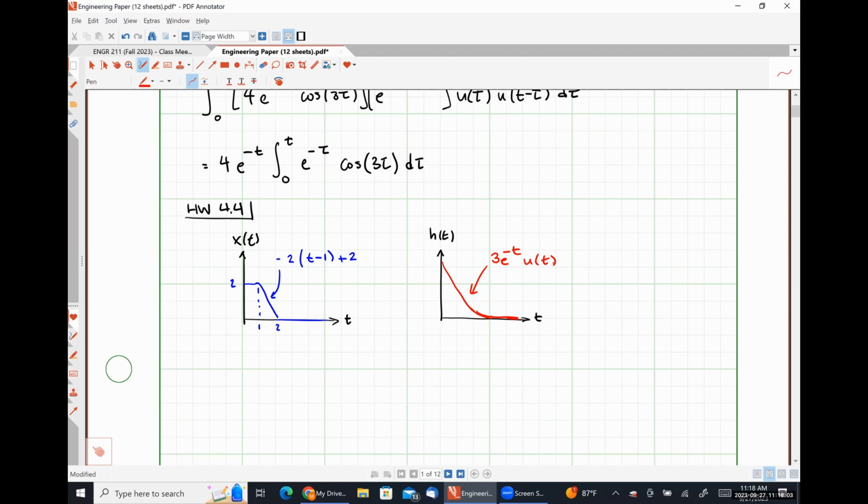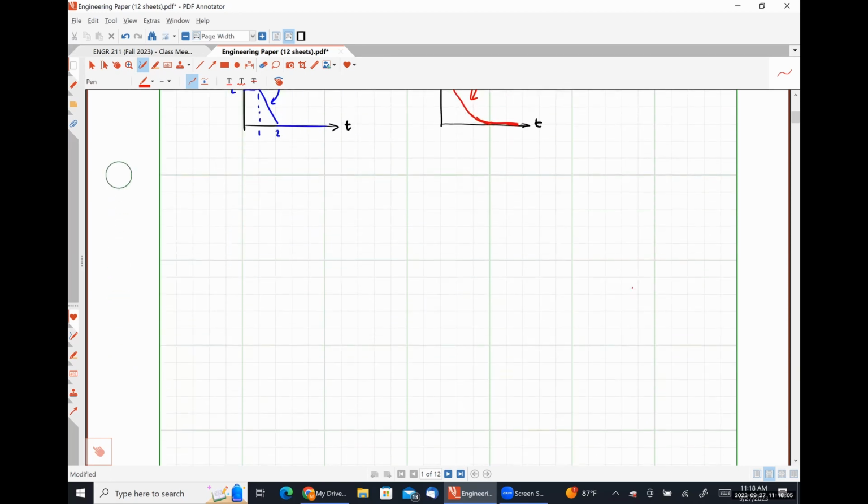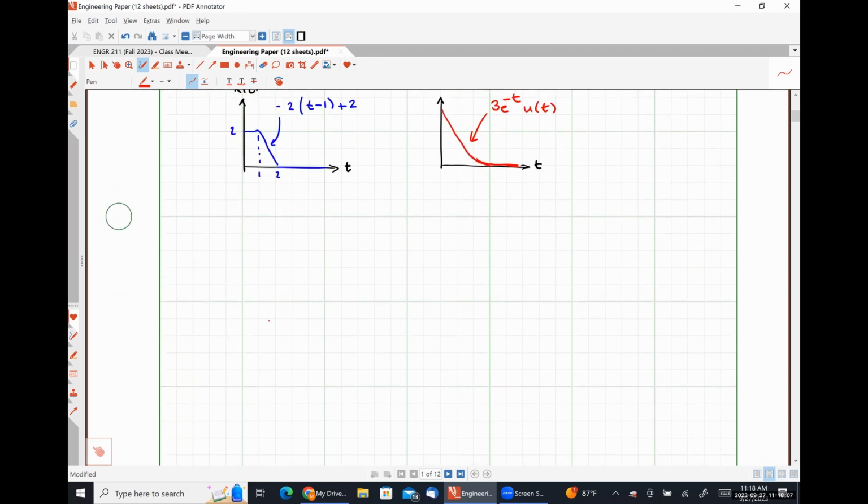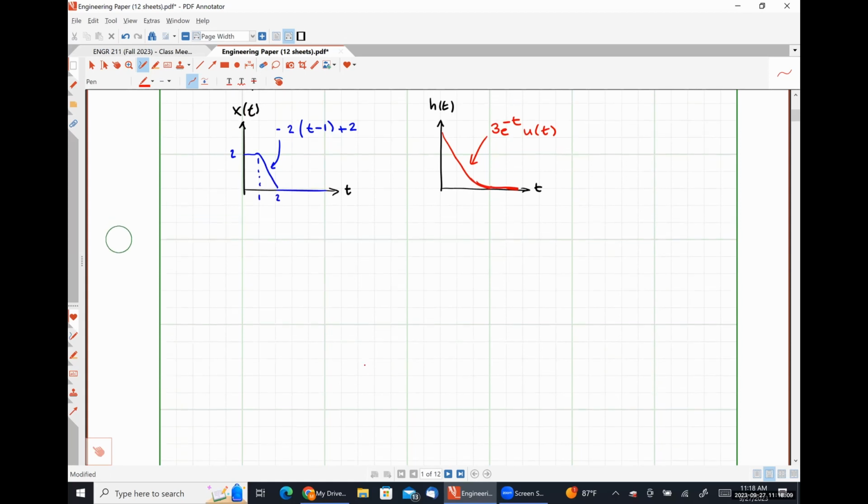So there are going to be 3 intervals here, right? So we're going to have, first, t less than 0.